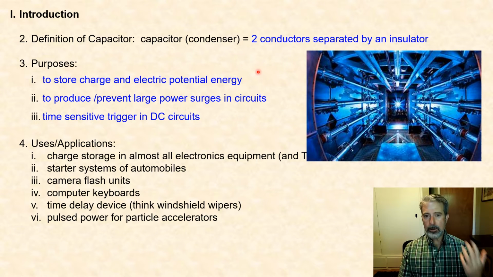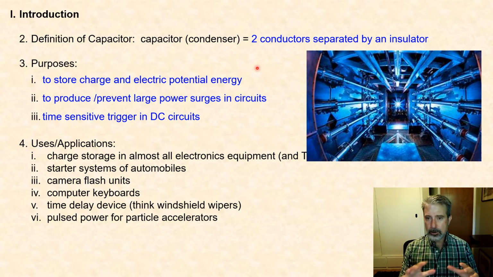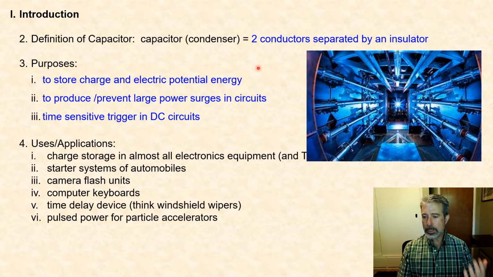And how do you think the sudden release of the energy from those lasers is simultaneously achieved? Well, you guessed it. There are huge capacitor banks, which are simultaneously activated to release that energy in a very brief amount of time, producing a high degree of power.